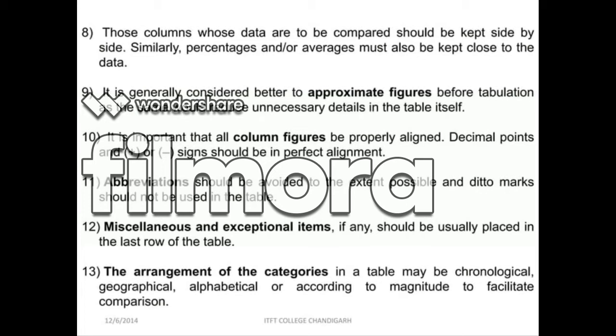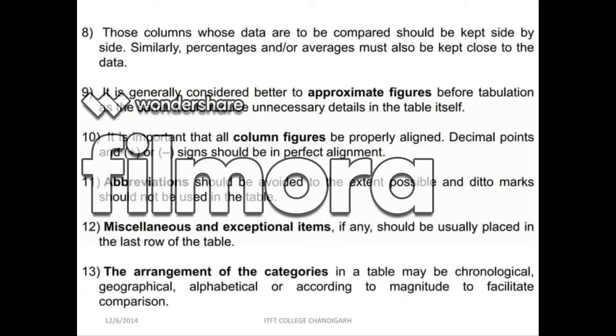Decimal points and plus and minus signs, or positive and negative signs, should be in perfect alignment. Abbreviations should be avoided to the extent possible, and detail marks should not be used in the table. So we all know about the detail marks, right? The dot, dot, dot, dot kind of.